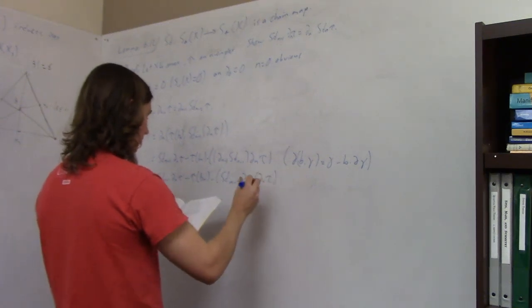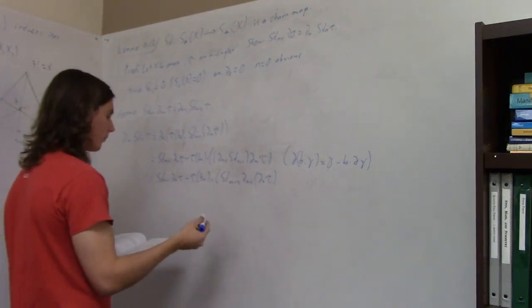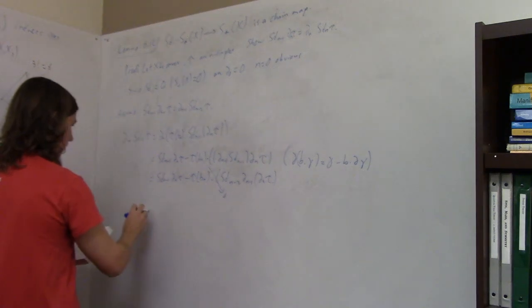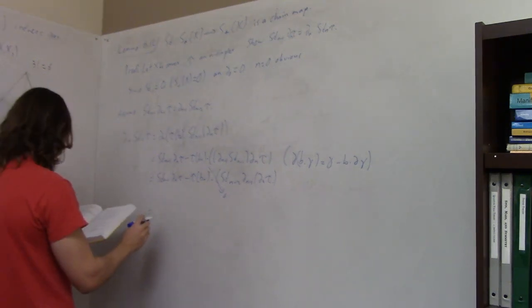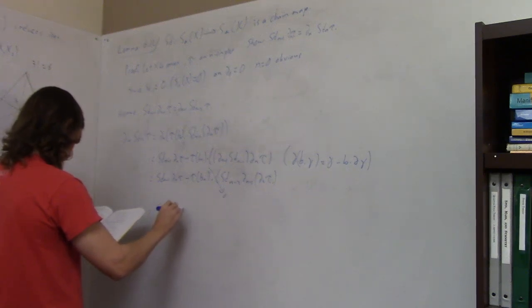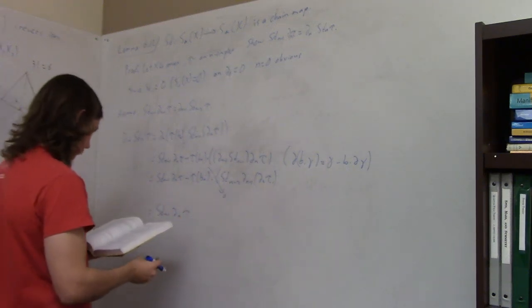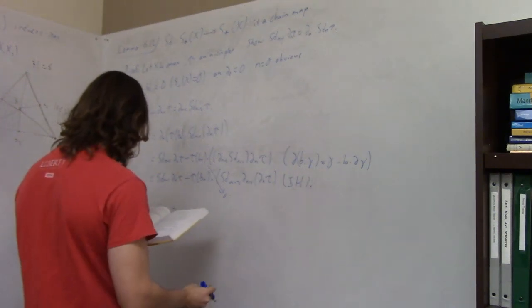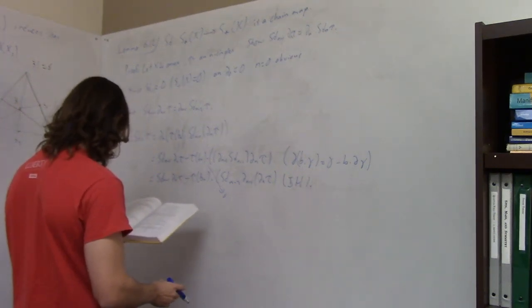And when you feed 0 into the cone construction, you get 0? Okay. So it's 0. And I think that's what we want to show. Okay, cool. So that's for Step 2.